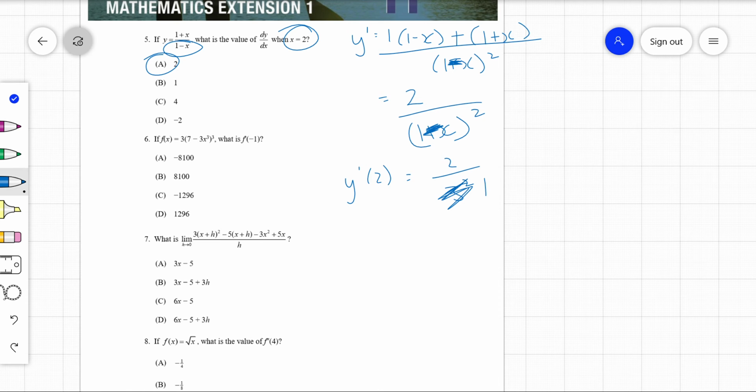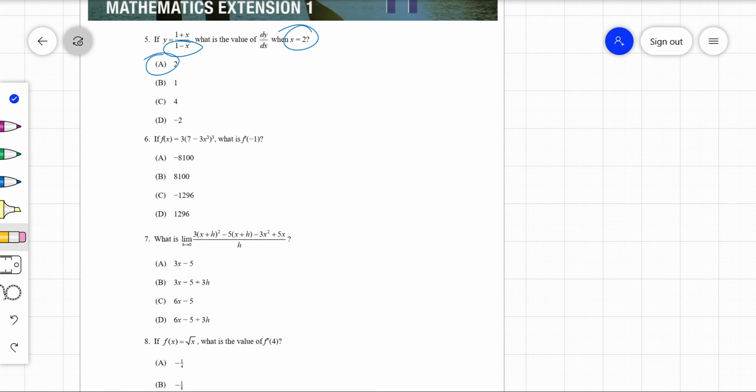All right, question 6. Just need some room there. So f dash of x in this case, that 3 is going to come down the front, so now we've got a 9, 7 minus 3x cubed to the power of 2 now, and we're multiplying it, so we go inside and we get a negative 9x squared when we differentiate the inside, so that one's the chain rule.